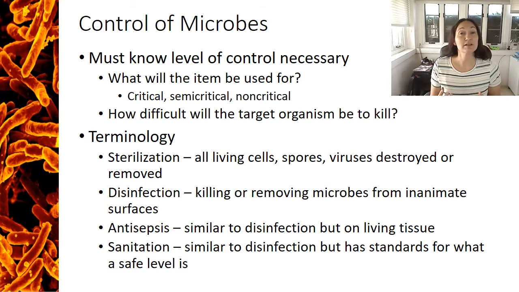So they don't have to be sterile to enter those types of areas. And then non-critical items, those are things like sheets and pillowcases or anything that's just going on the surface or touching the surface of the body. Those typically we don't worry very much about being sterilized or disinfected.